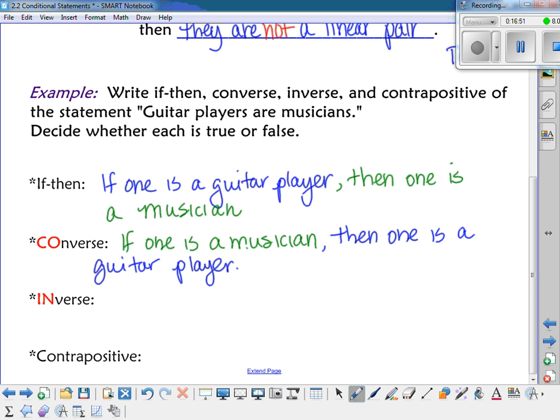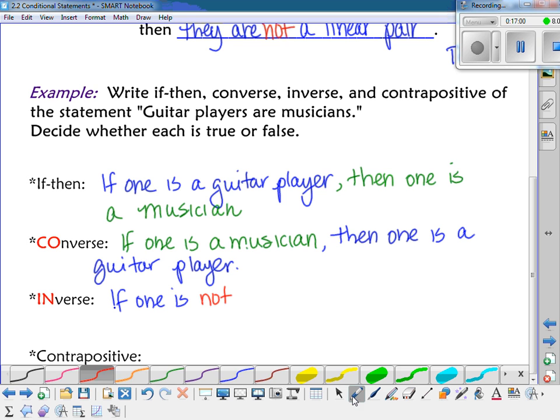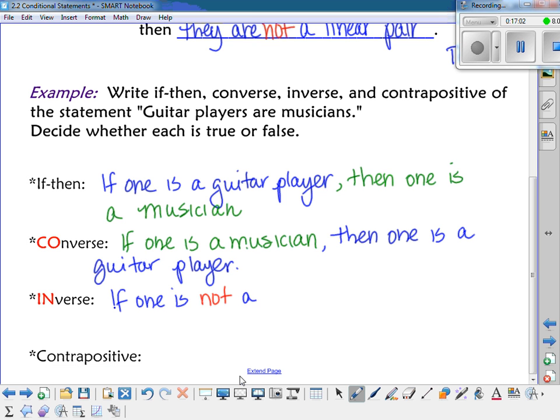So if one is not a guitar player, then one is not a musician.